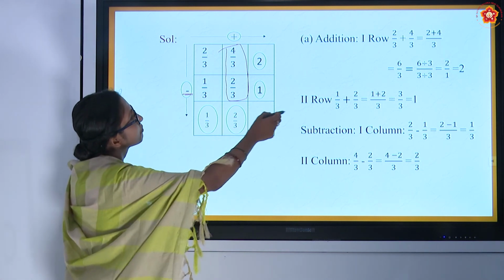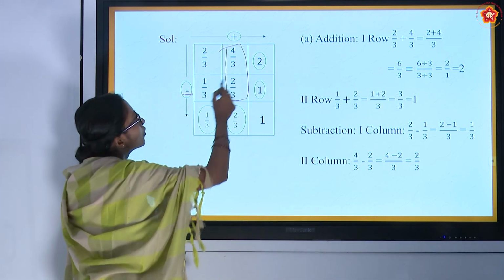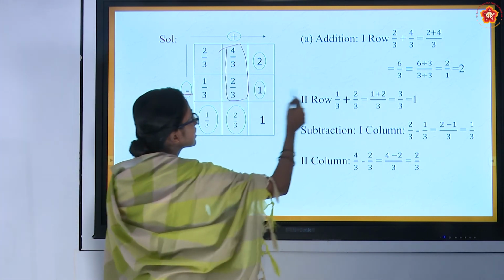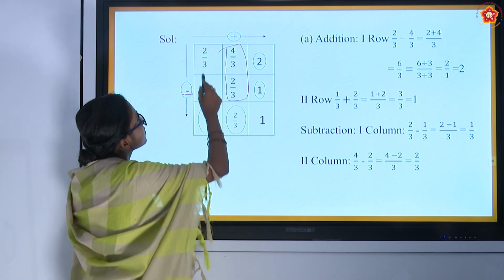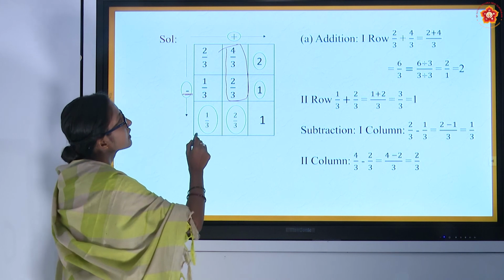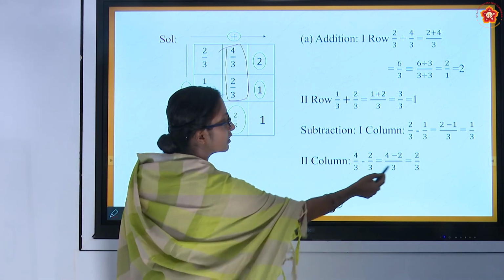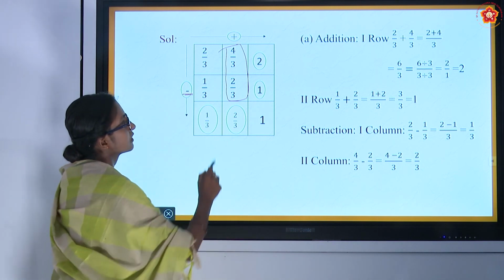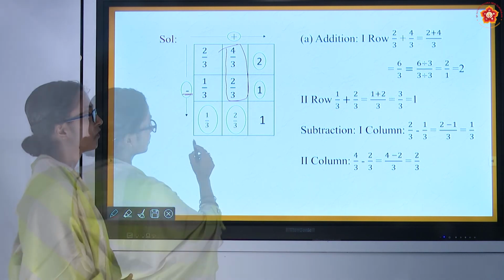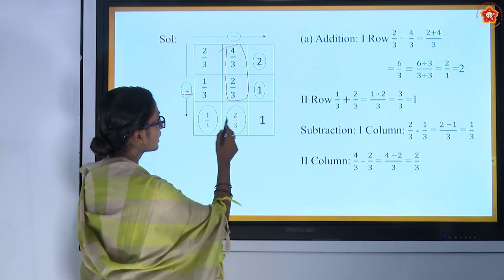Now enter them. Row 1, the answer is 2. Row 2, answer is 1. Column 1, answer is 1 by 3. Column 2, answer is 2 by 3. Fine. Now coming to the last row. 1 by 3 and 2 by 3.